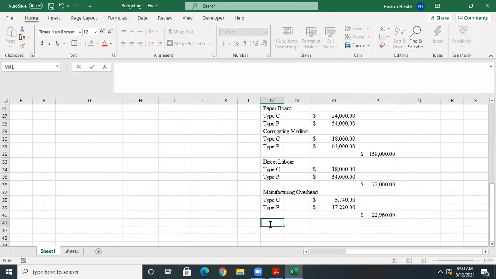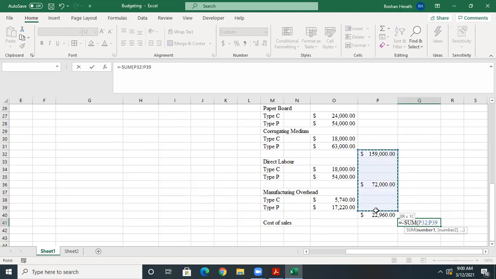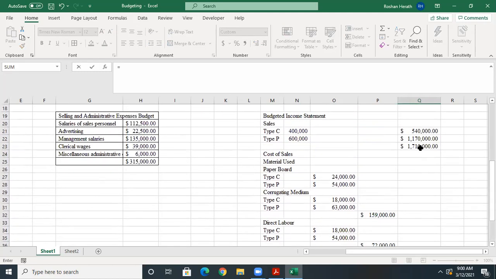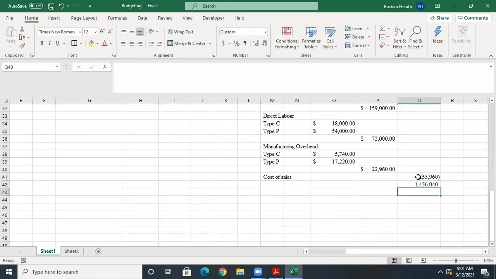So how about the cost of sales? You can simply take the material, the labor and the manufacturing overhead. There it comes, the manufacturing overhead, and now you can get the gross profit.